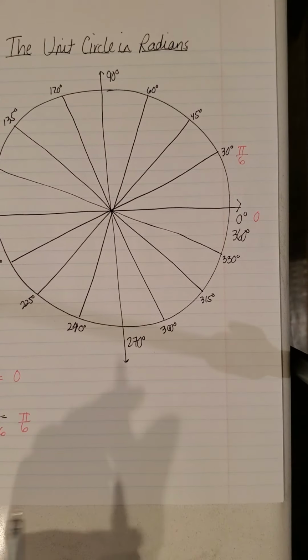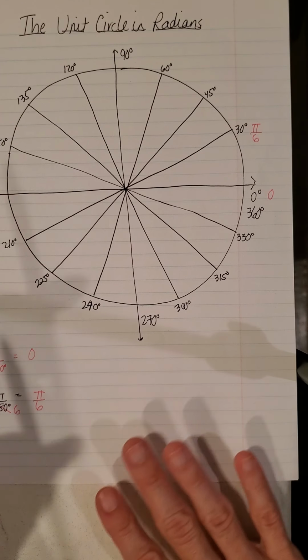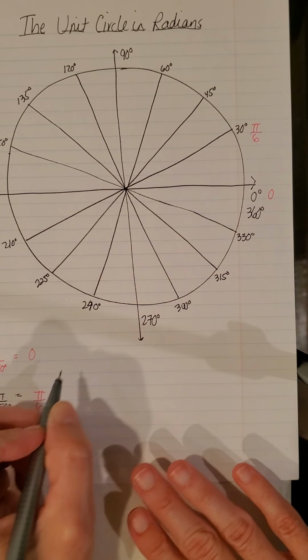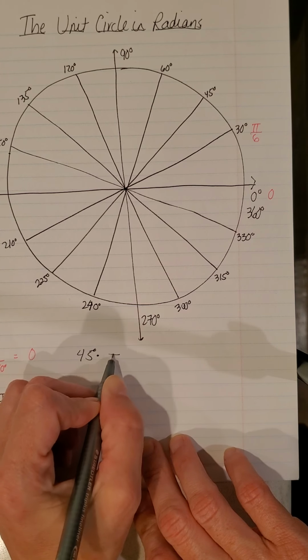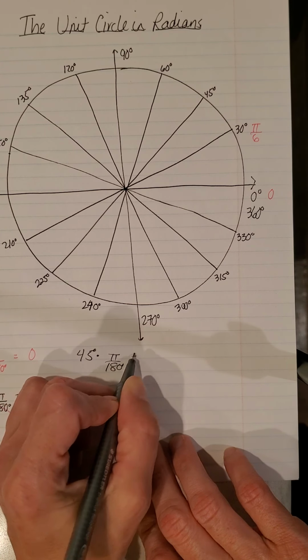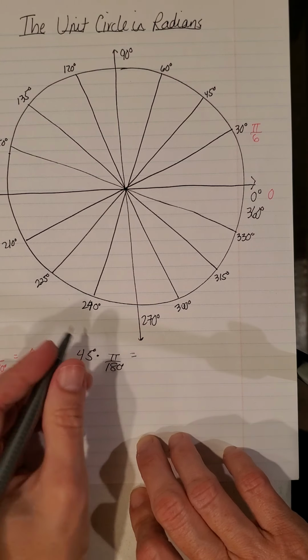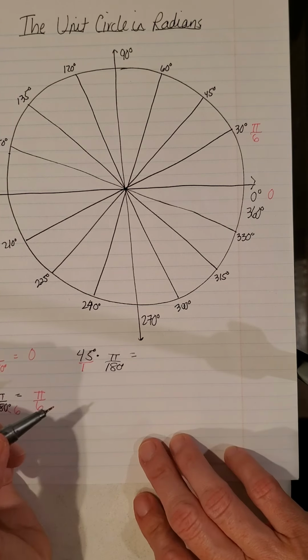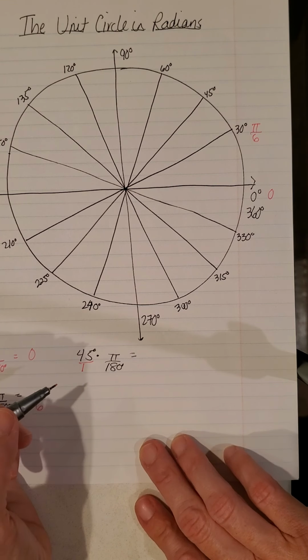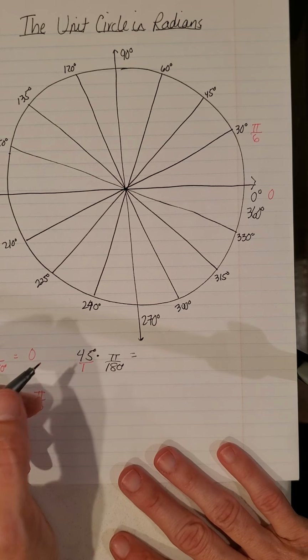I'm going to convert 45 degrees to radians right here. I'm going to multiply times pi over 180, just like we did before spring break, and again do some cross-canceling. Now, 45 does go into 180, but let's say that you don't know that. You can use some other numbers.